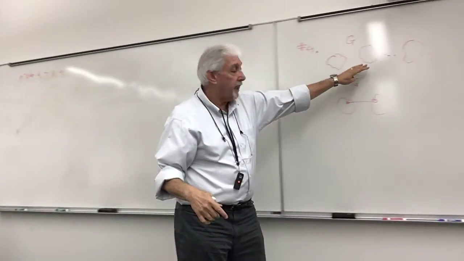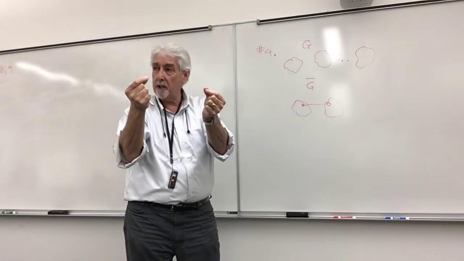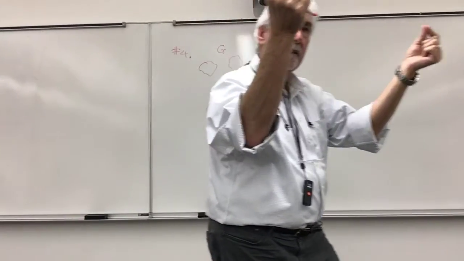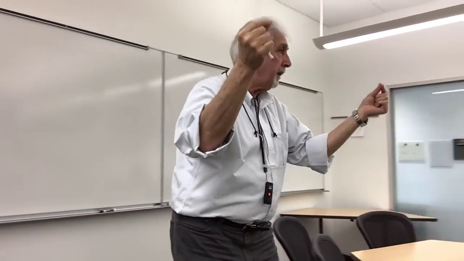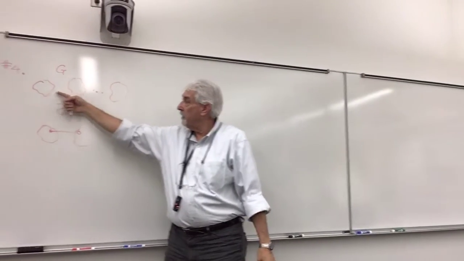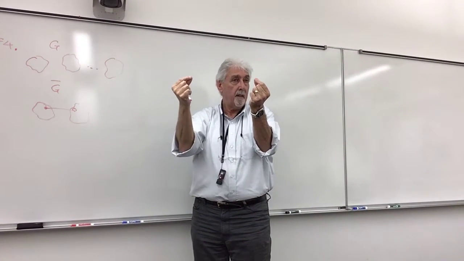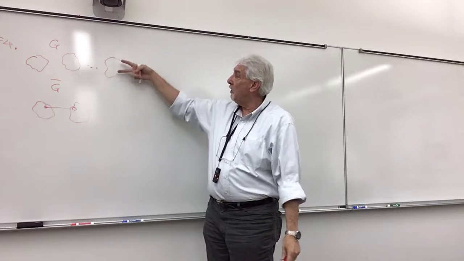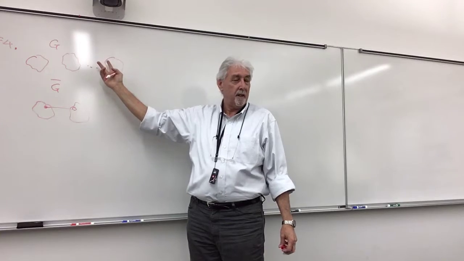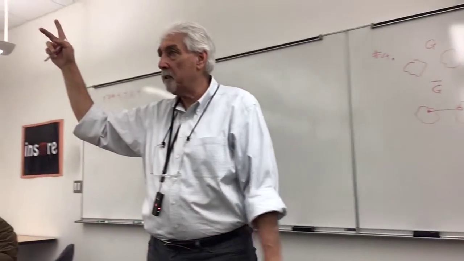So one more time. Here's the graph G. I'm going to close my eyes and pick 2 vertices. Tell me the possibilities for where these 2 vertices could lie. Here's G. It's disconnected. There's 2 possibilities. Either the 2 vertices are in the same piece, or they're not in the same piece.